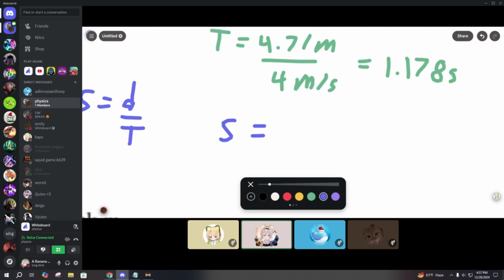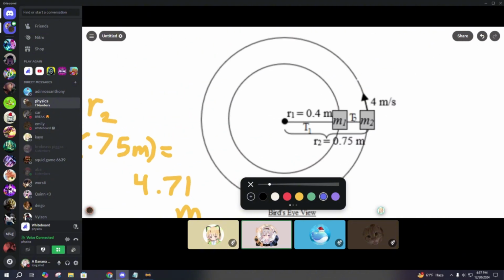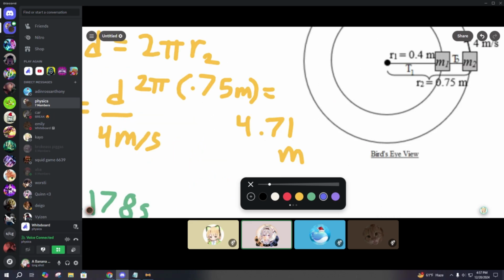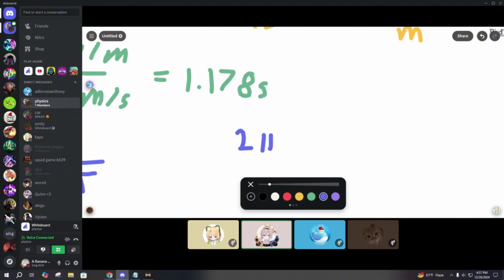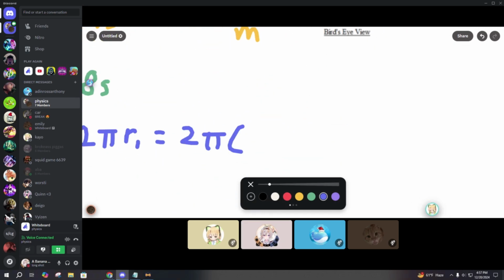So this tangential speed is going to be over that time I calculated here, but it's also going to be the distance traveled. Well, what's the distance traveled by M1? That's going to be 2 pi R again, but instead it's with R1, 0.4 meters. So, 2 pi R1 is going to be equal to 2 pi times 0.4 meters.